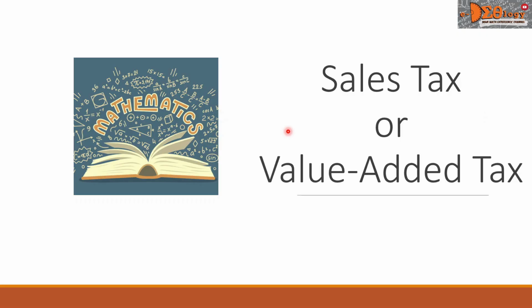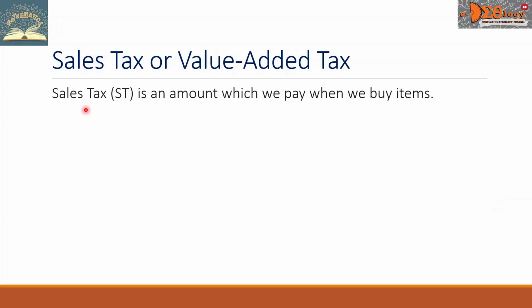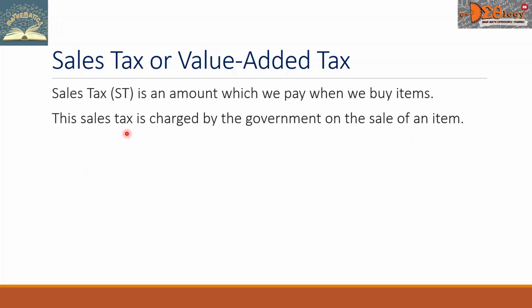Hi everyone, today we're going to study sales tax or value added tax. Sales tax, abbreviated as ST, is an amount which we pay when we buy items. This sales tax is charged by the government on the sale of an item.